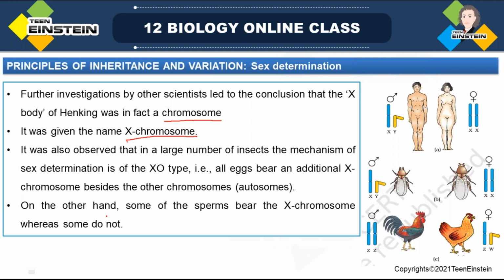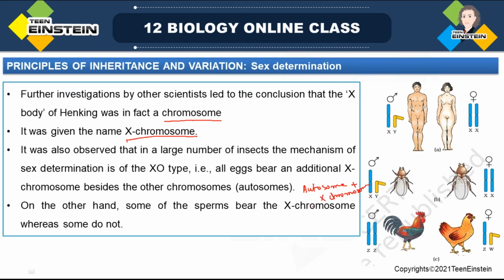On the other hand, some of the sperm bear an X chromosome, whereas some do not. That was another finding. The first finding was that they have autosomes plus an X chromosome.